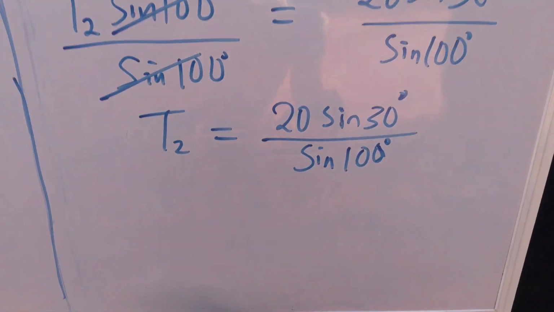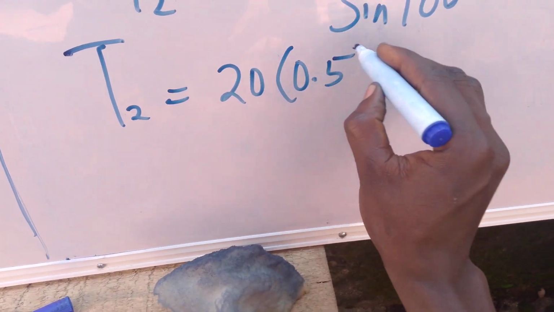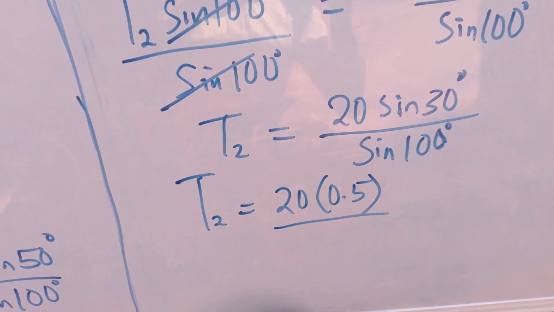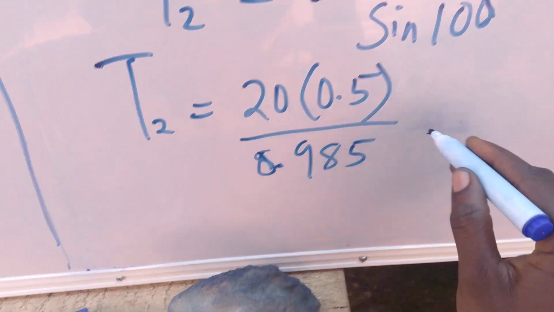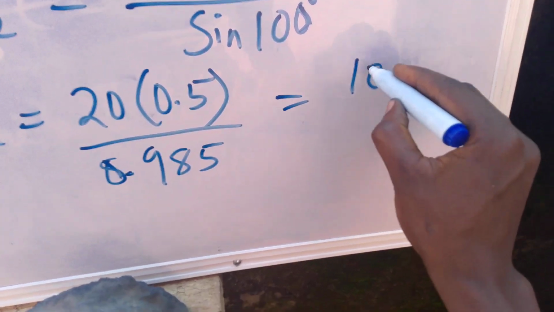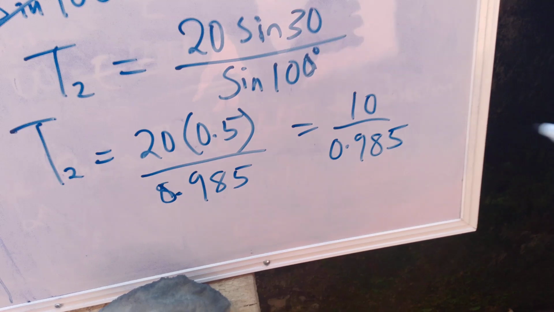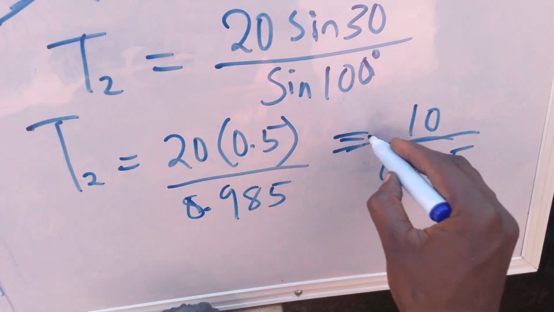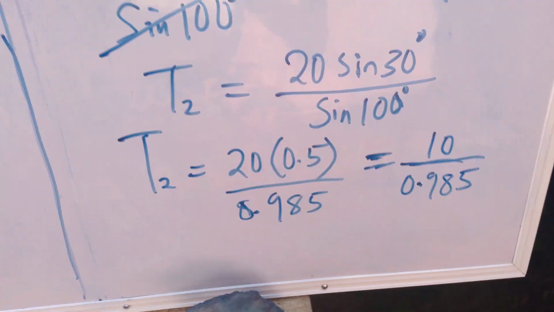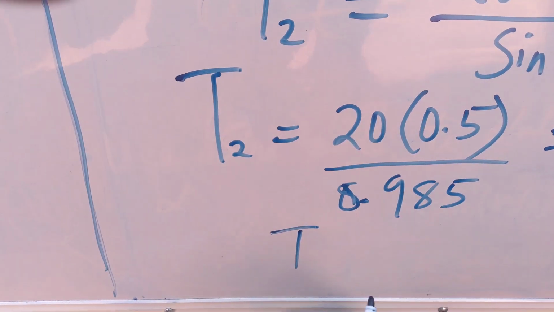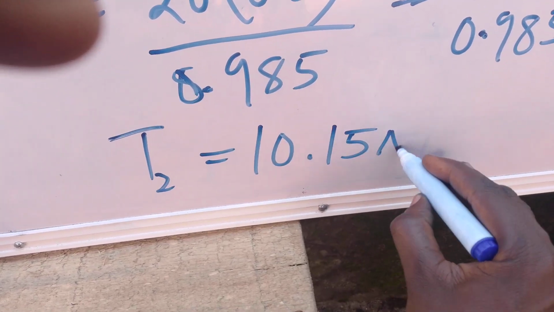Sine 30 is 0.5, so T2 will be equal to 20 times 0.5 divided by sine 100, which is 0.985. So 20 times 0.5 is 10, divided by 0.985 gives T2 as 10.15 Newton.